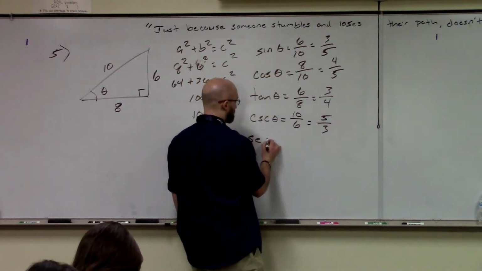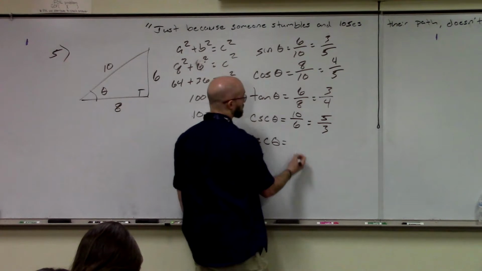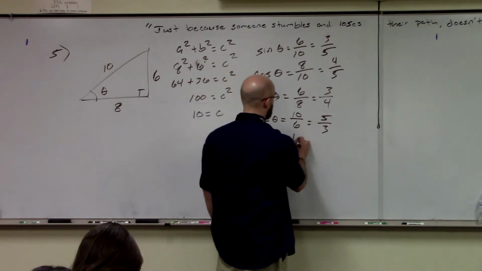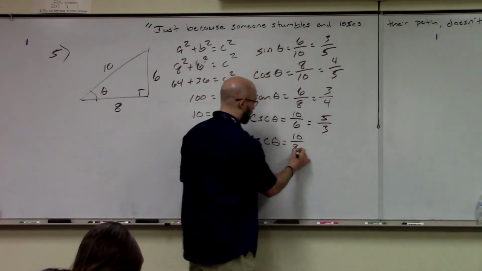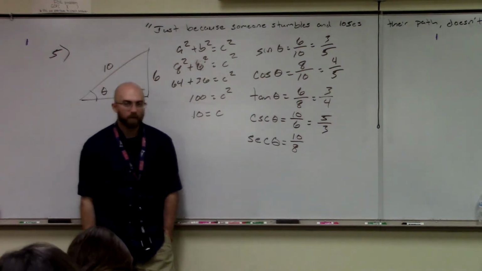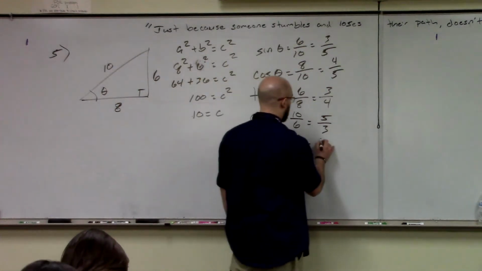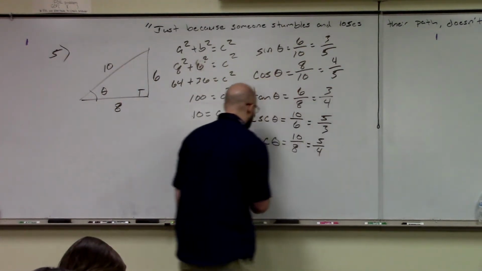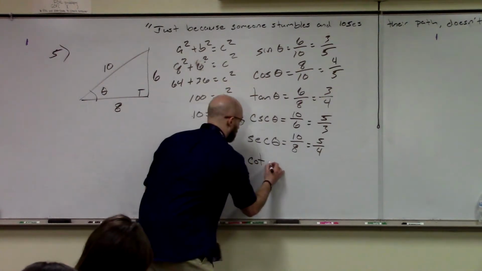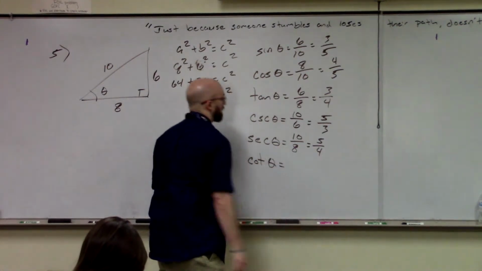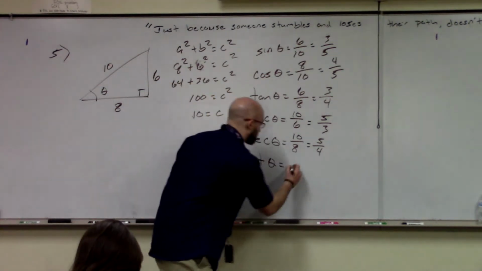Then secant, 10 over 8. So that's going to be 5/4. And last is cotangent. And that's equal to 8 over 6.